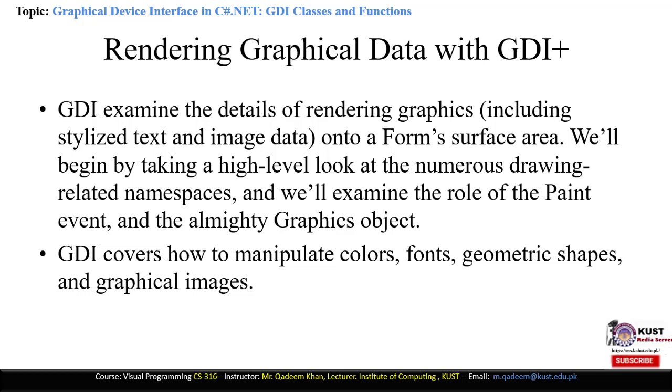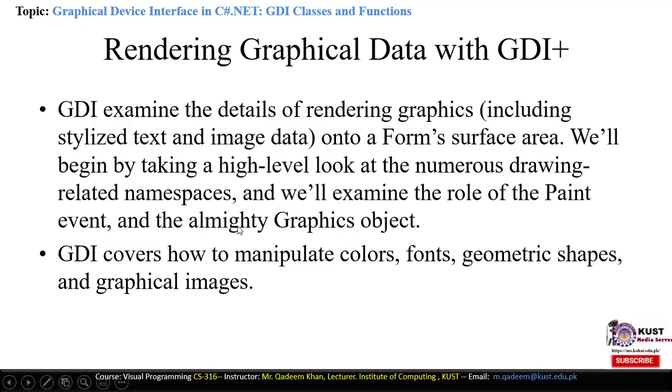In the paint event, in fact, we paint or draw the different components of the GUI on the form. And the almighty graphics objects means different objects which are in fact the instances of the graphical device interface classes. So we can use all these graphics objects to draw different sorts of components on the form.